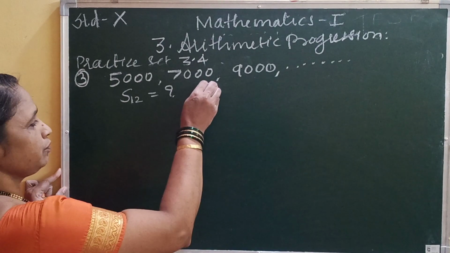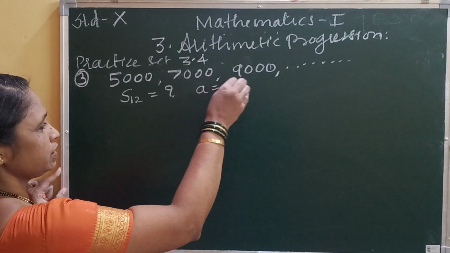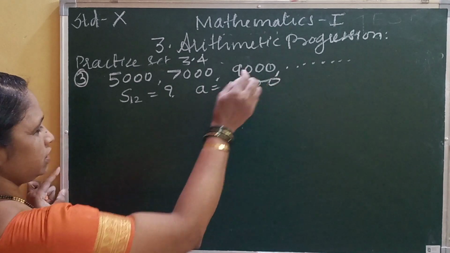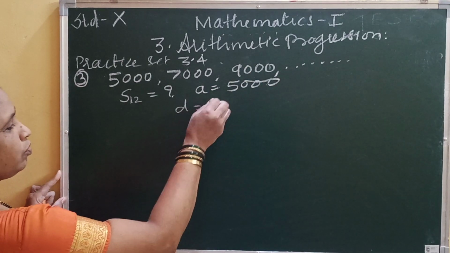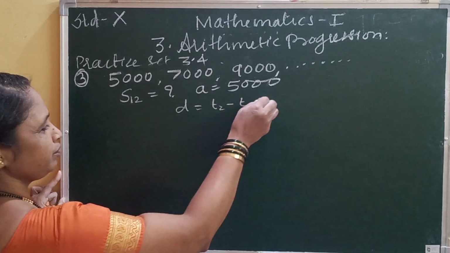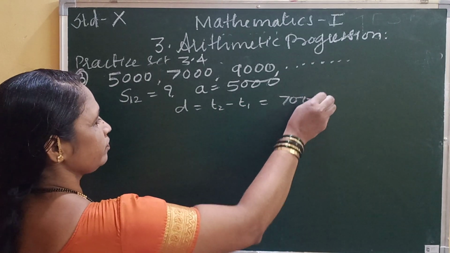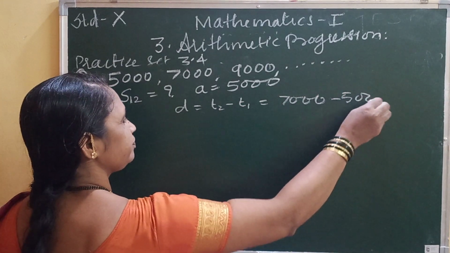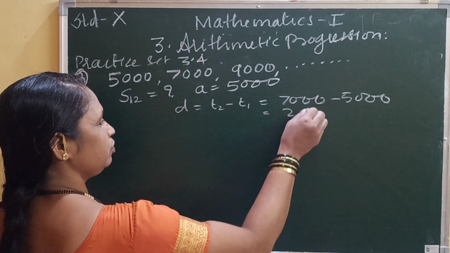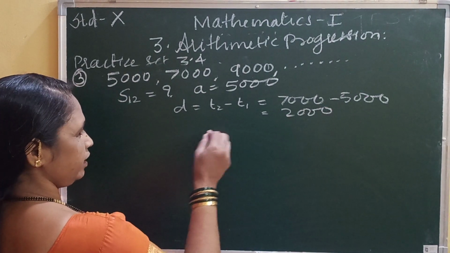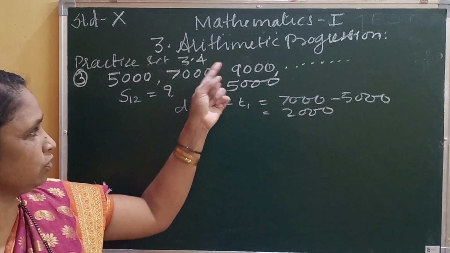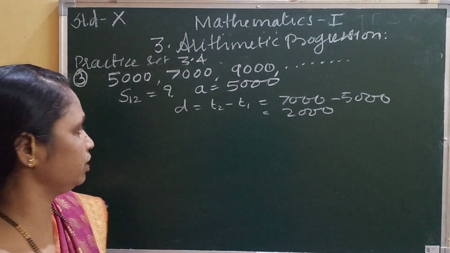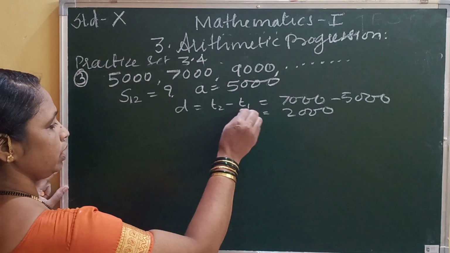And what is given? First term is given. First term is 5,000. Now the difference D is equal to what? T2 minus T1, means 7,000 minus 5,000, which is equal to 2,000. Here also 9,000 minus 7,000 is 2,000, means D is equal to 2,000.